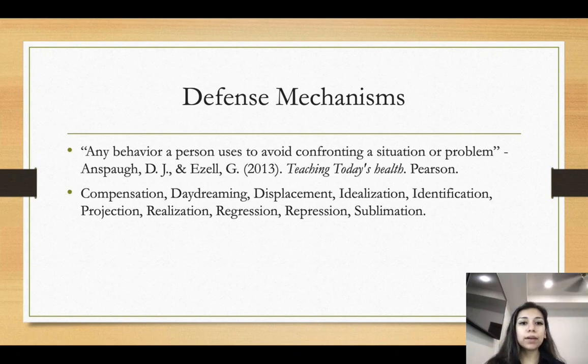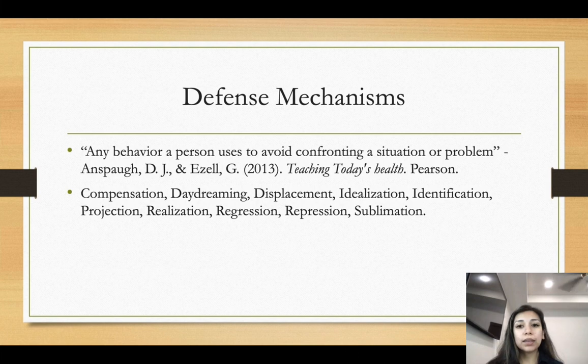Okay, and there are defense mechanisms as well. Some defense mechanisms are shown to avoid confronting a situation or problem. So it may be compensation, daydreaming, displacement, idealization, identification, projection, regression, repression, sublimation.